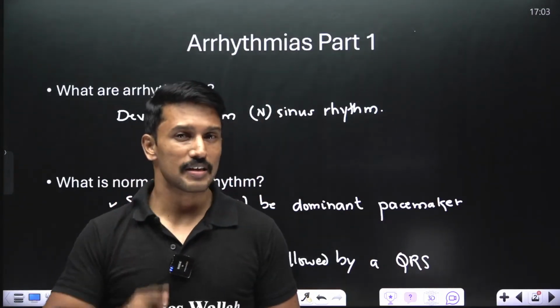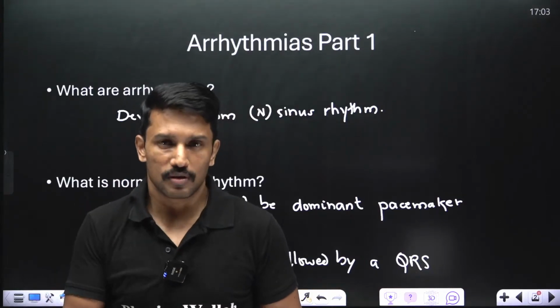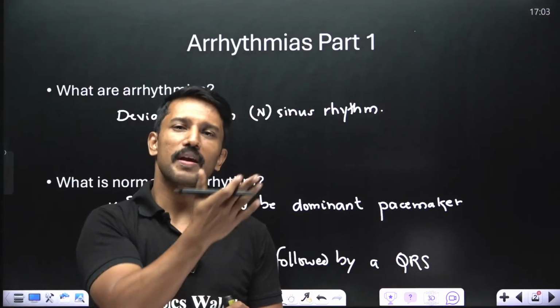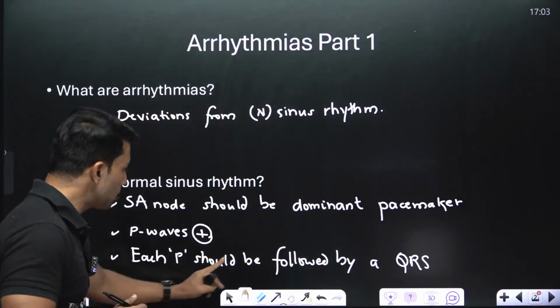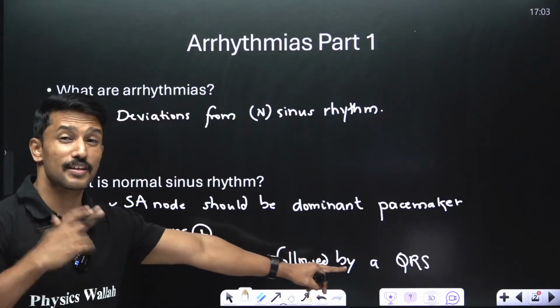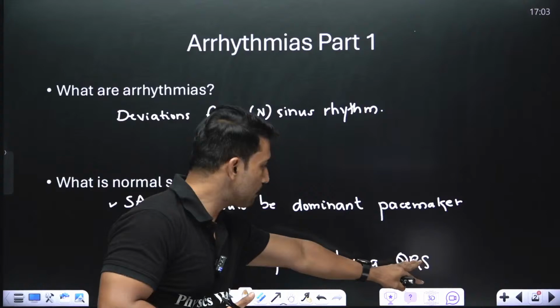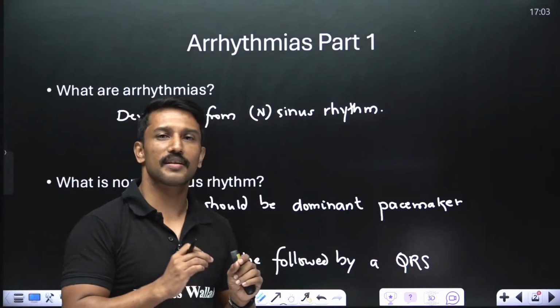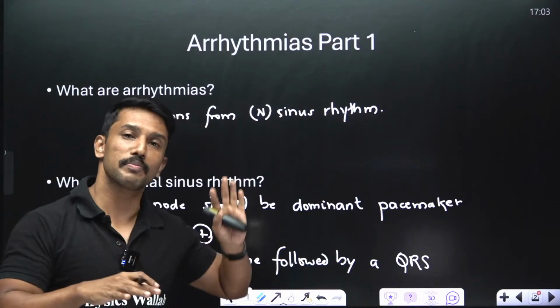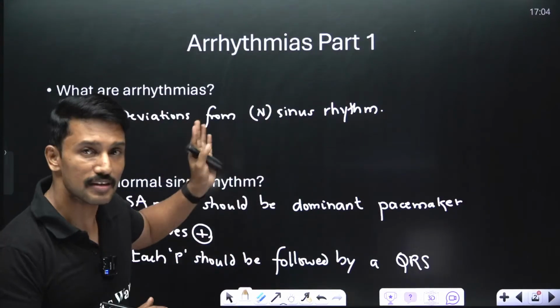If it is normal sinus rhythm and the SA node is of course the pacemaker, when I look behind the QRS, there should be a P wave, right? So each P should be followed by QRS. That tells that there are no AV blocks, and behind every QRS there should be a P wave. So that tells me that this QRS is not generated by a pacemaker sitting in the ventricle, but by a pacemaker from the atria, which is the SA node.